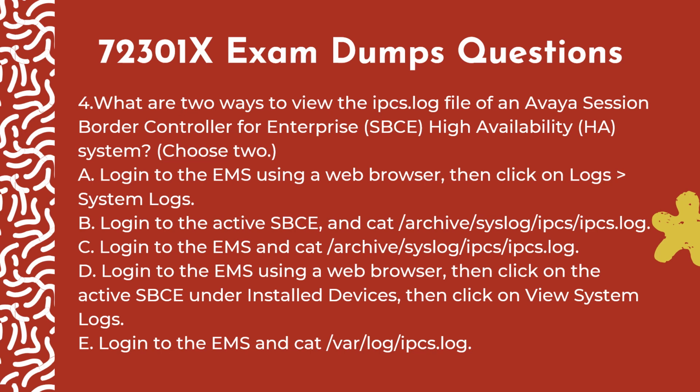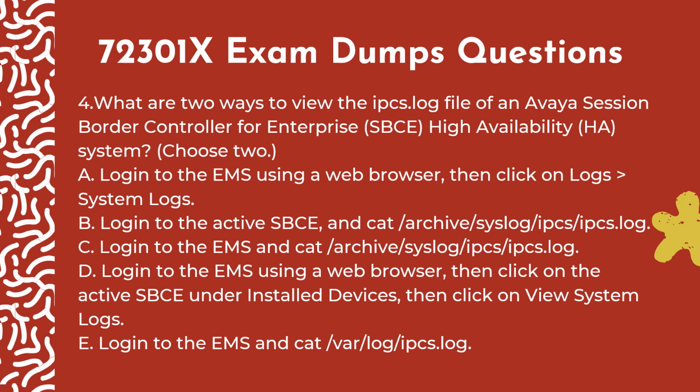4. What are two ways to view the ipcs.log file of an Avaya Session Border Controller for Enterprise (SBCE) High Availability (HA) system? Choose 2. A. Log into the EMS using a web browser, then click on Logs, System Logs. B. Log in to the active SBCE, and cat /archive/syslog/ipcs/ipcs.log. C. Log in to the EMS and cat /archive/syslog/ipcs/ipcs.log.